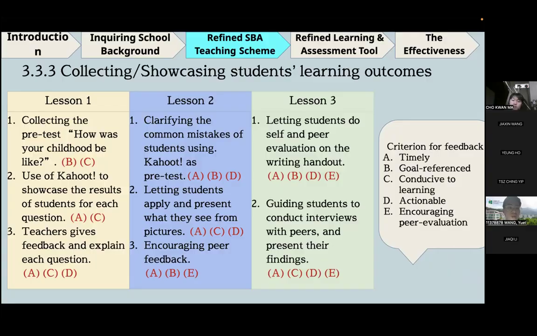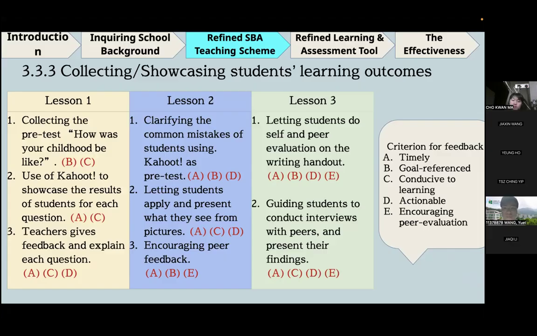And in the meantime, peer feedback is also encouraged, so it is also aligning with the criterion of encouraging peer evaluation.